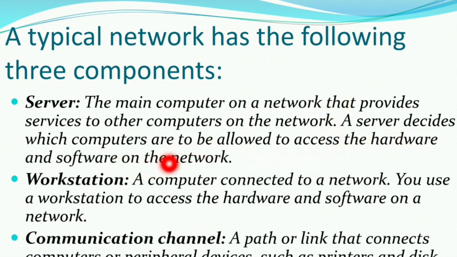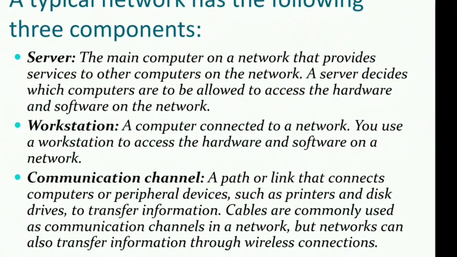A server decides which computers are allowed to access the hardware and the software on the network, or to which computers it needs to provide access to a particular thing. Only the server decides.